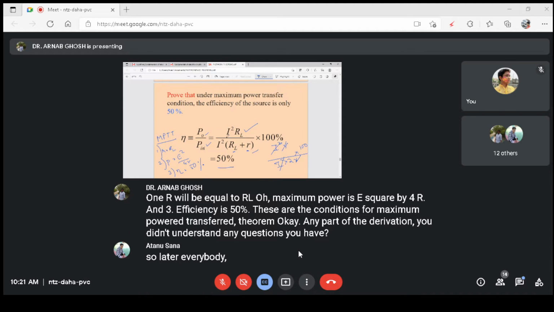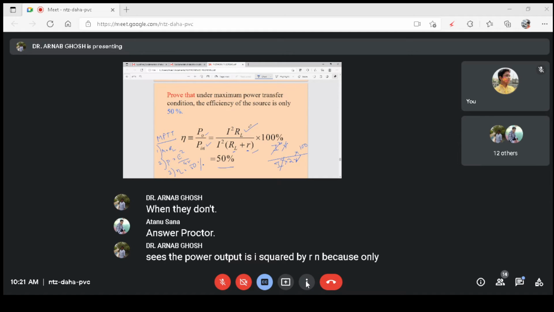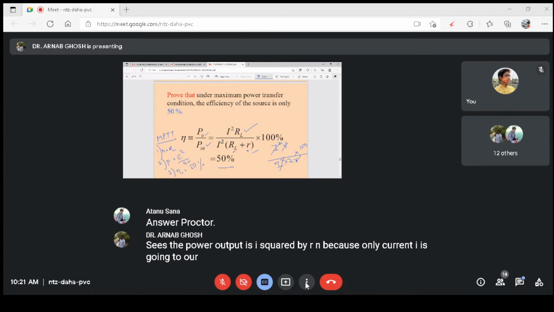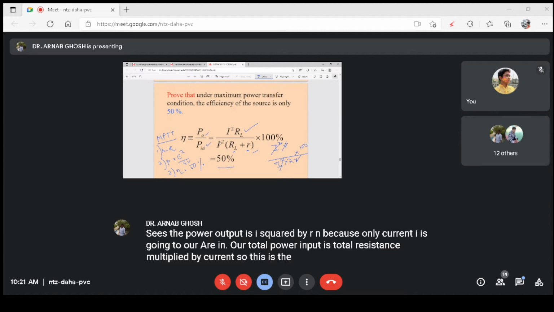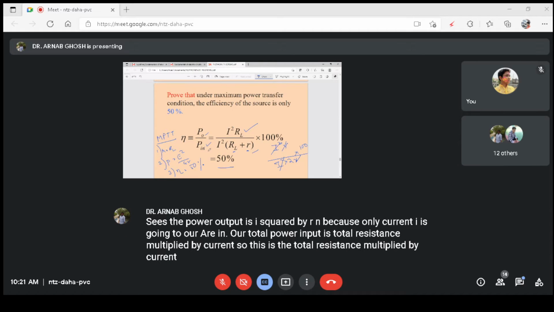Our output is I square RL because only current I is flowing through RL. Our total power input is total resistance multiplied by current square. This is input power, this is output power.